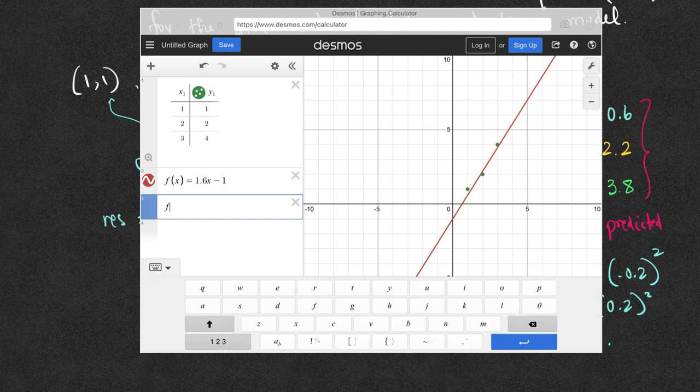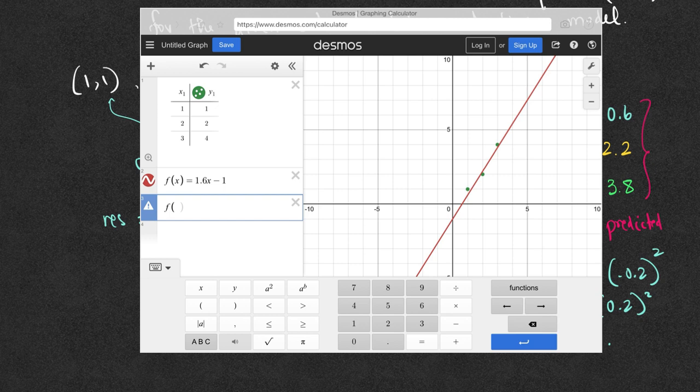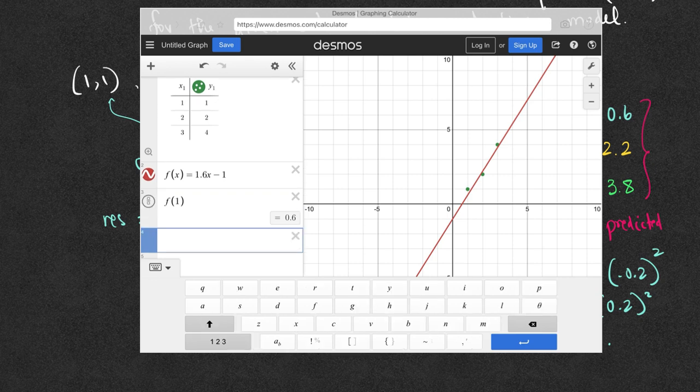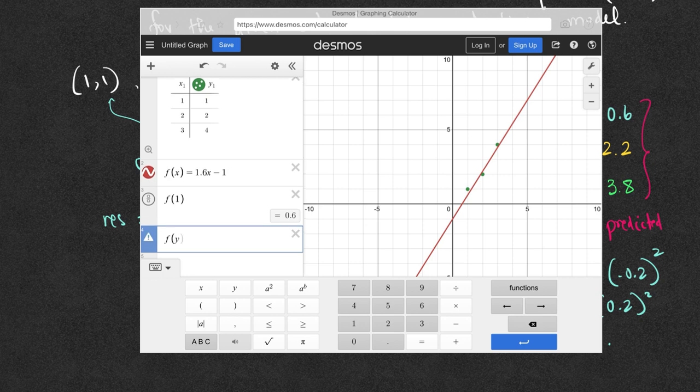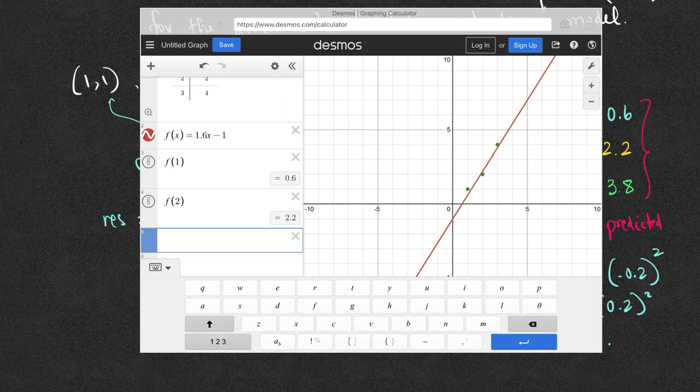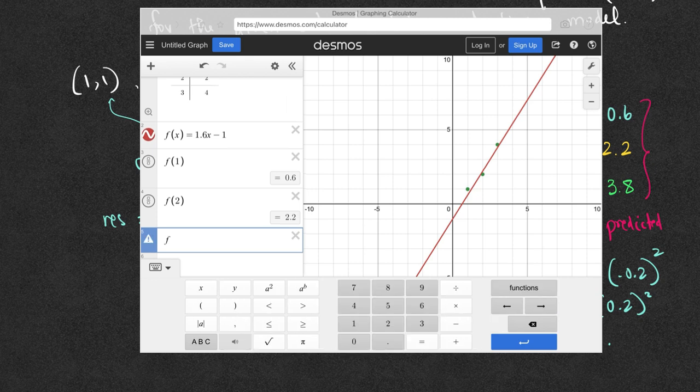So f of 1, we see that the predicted value is 0.6. When x equals 2, the predicted value is f of 2, and we see that it is 2.2. And lastly, when x equals 3, the corresponding predicted value is f of 3, which is 3.8.